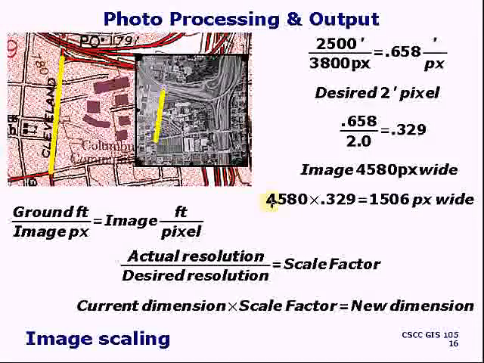So we take that 4,580 and multiply it by the scale factor, 0.329, and what we find is that if we resample the image so that it is 1506 pixels wide, then every one of those pixels must be 2 feet.